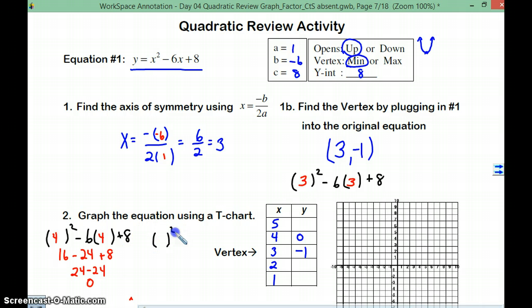We're going to have x squared minus 6 times x plus 8. We plug in 2. We should end up with 4 minus 12 plus 8. And just the same as before, 4 plus 8 is 12 minus 12 is 0. It works out perfectly.